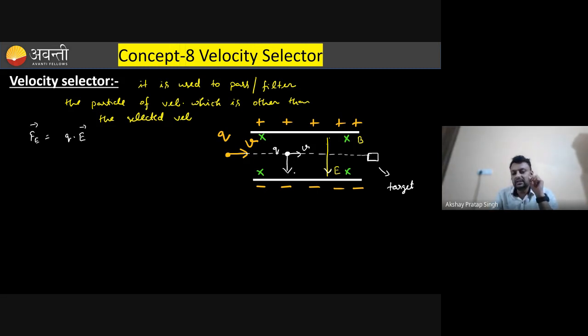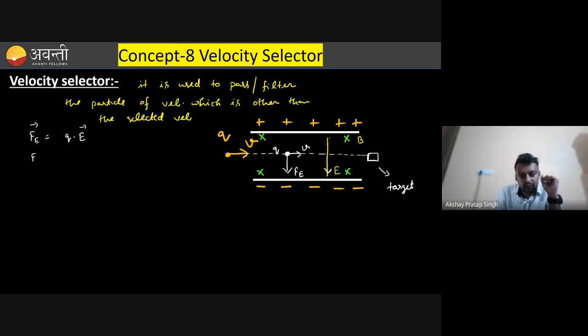Till now, everything is clear. This is electrostatic force. Now, one more thing. Can you see that there is a magnetic field as well? So it will experience some magnetic force as well. What will be the direction of magnetic force? Can you use the right hand rule to find the direction of magnetic force?